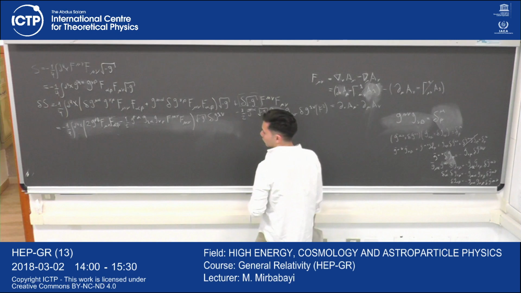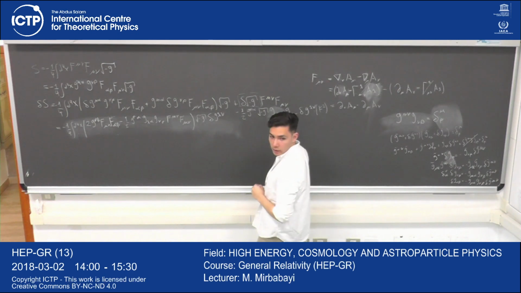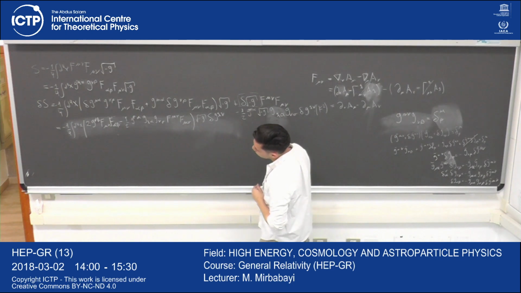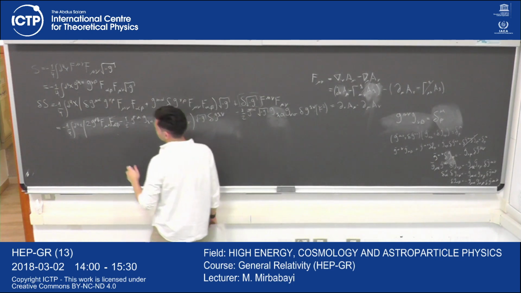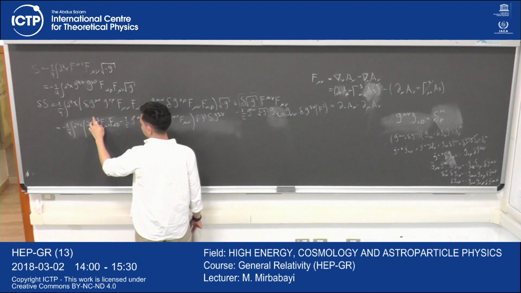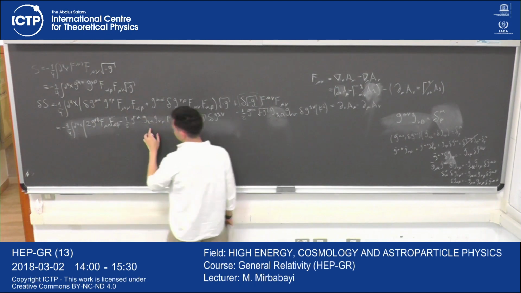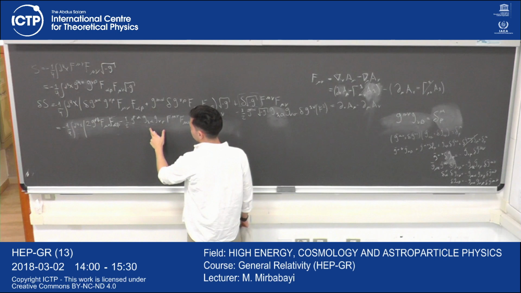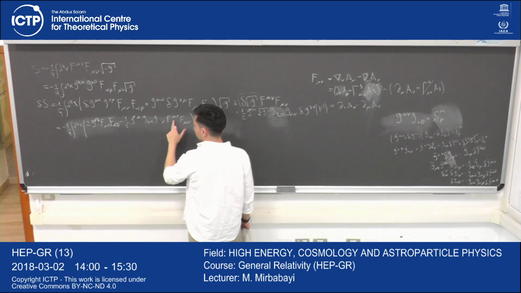Wait, you made a mistake here. What? Because you're calling it mu and alpha there to contract it with the first two terms. So you have to relabel the indices in the second term. Here. No, the second term, yes.